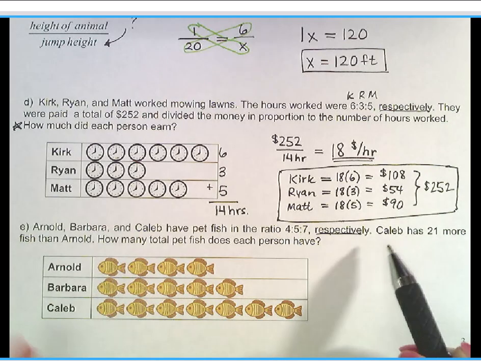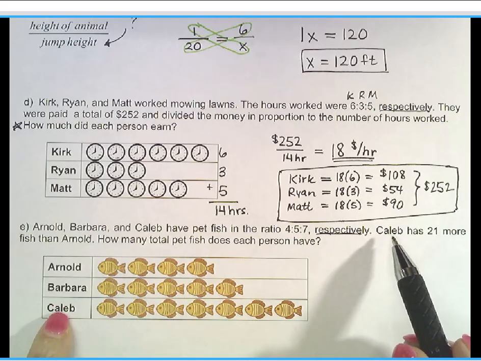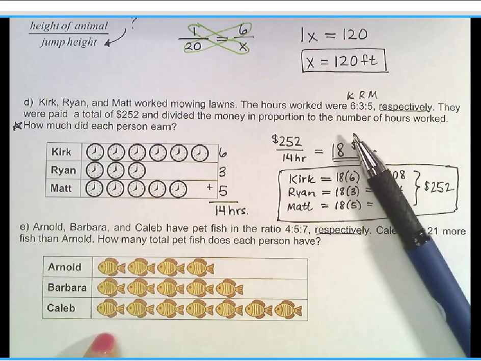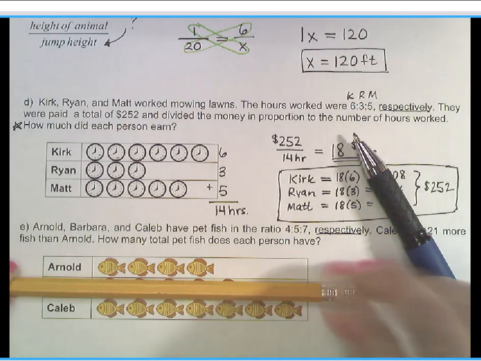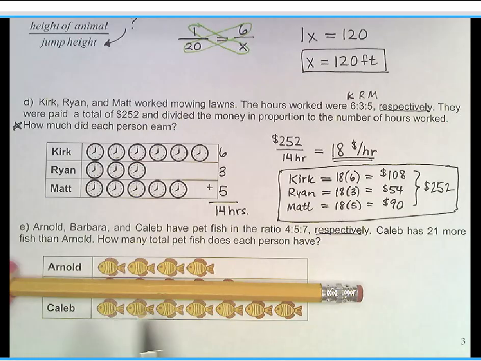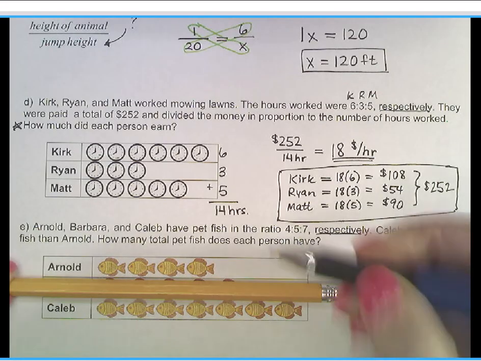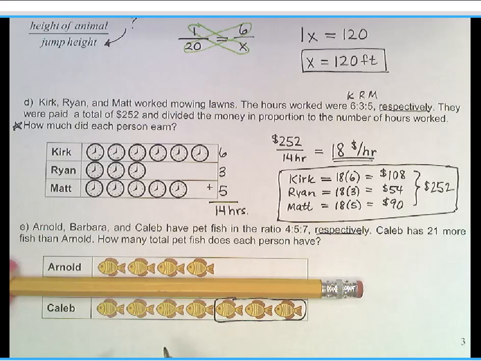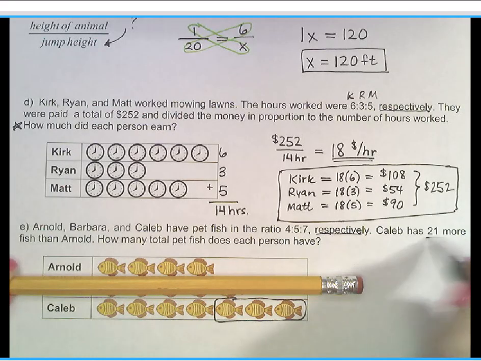So it says Caleb has 21 more than Arnold. Well, let's compare Caleb and Arnold. Let's leave Barbara out of it for right now. Let me cover that up. If you compare Arnold to Caleb, there's 3 more fish here, right? We had 4 to 5 to 7. So these are the extra ones that Caleb has compared to Arnold. And that is 21 more.